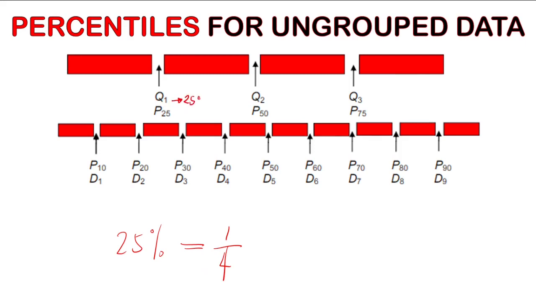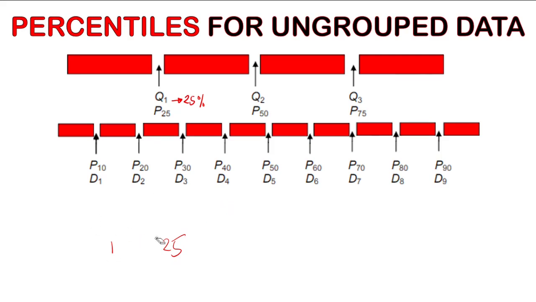So therefore, the value of the first quartile is equal to the 25th percentile. Okay? Because first quartile is 1/4 of the whole distribution, and 25th percentile is also 25%. Okay, that's why they are equal.